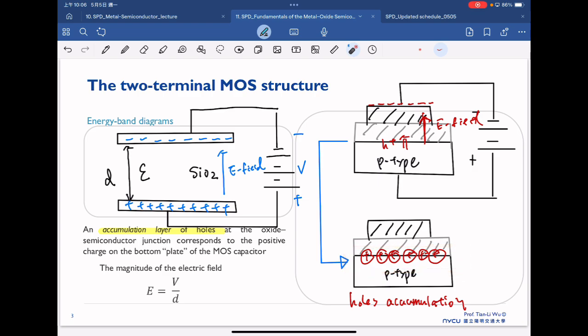So now the next phase is that first we apply negative gate bias, but now we will be interested in what happens if we apply the positive bias.